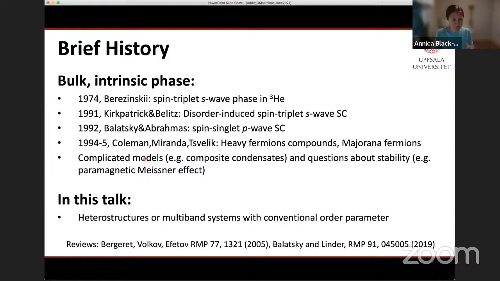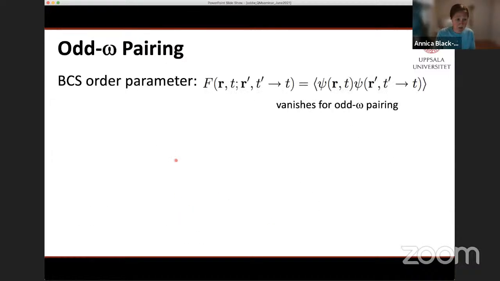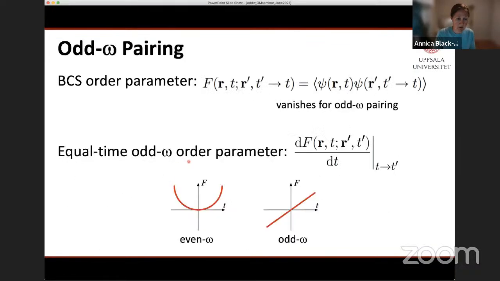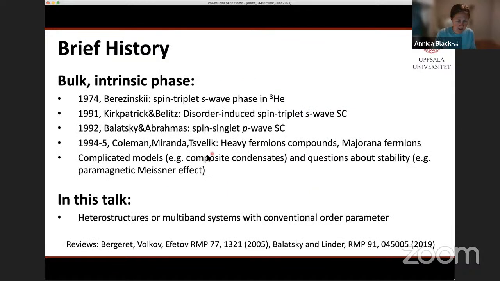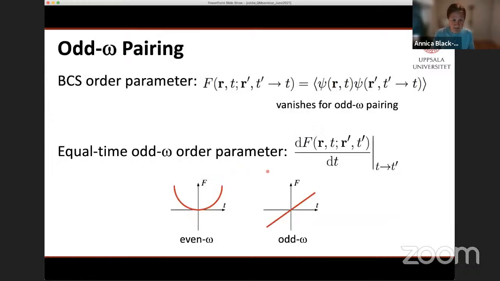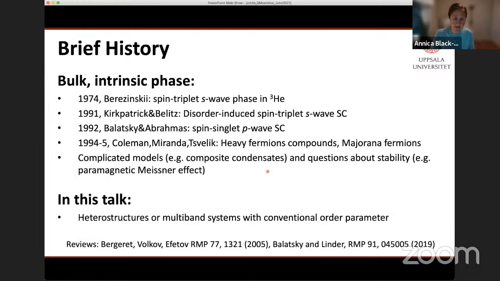The way you can definitely do it is by having a composite condensate. So you have the Cooper pair, for example, and then you add another boson, and then you fairly simply get an odd frequency state. But there are some questions about the stability.